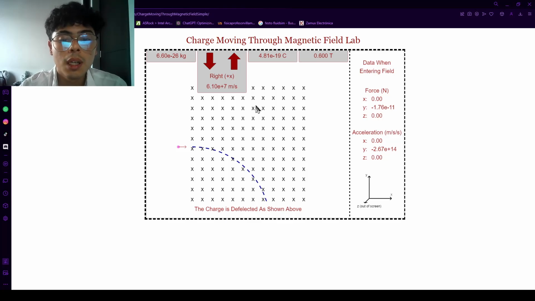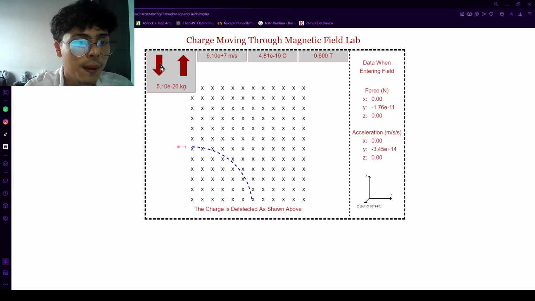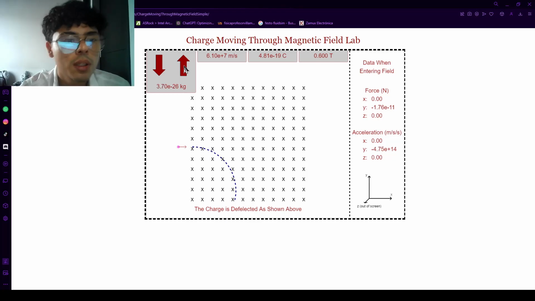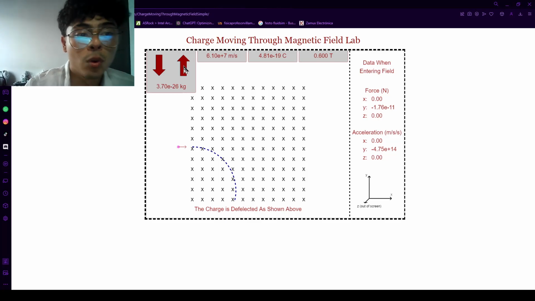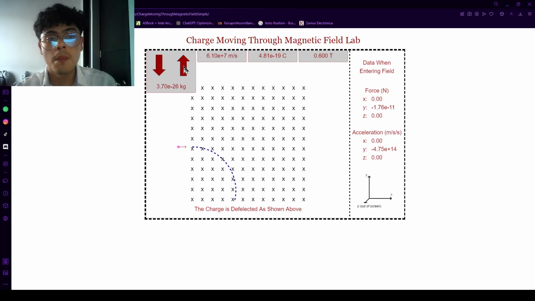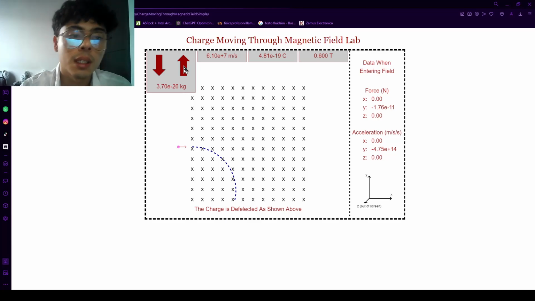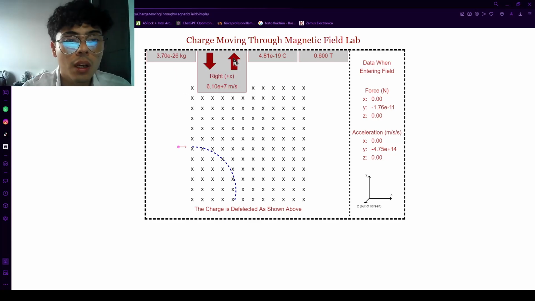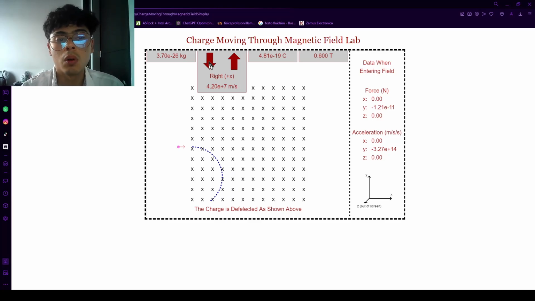Consider a particle with a mass of 3.70 multiplied by 10 to the power negative 26 kilograms, and an initial velocity of 4.20 multiplied by 10 to the power 7 meters per second.